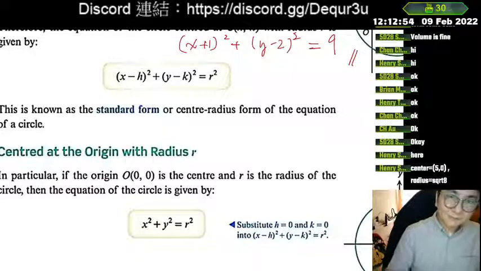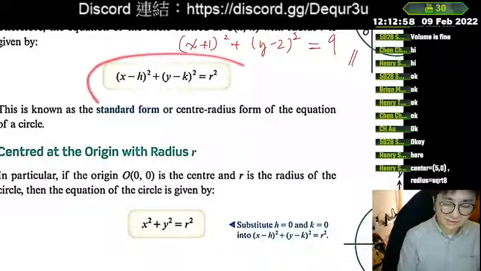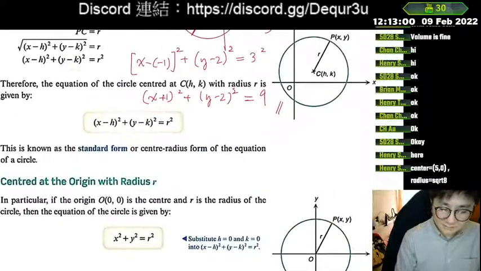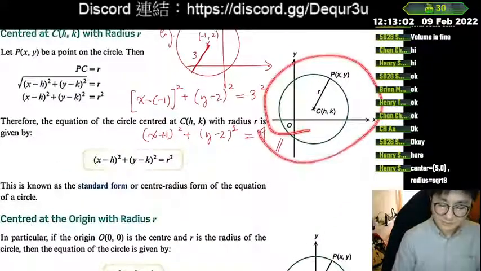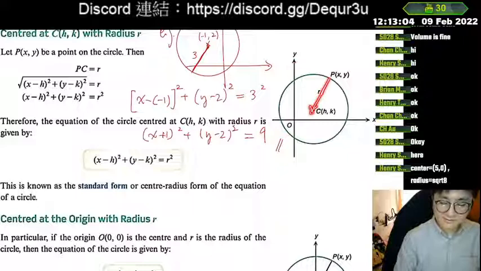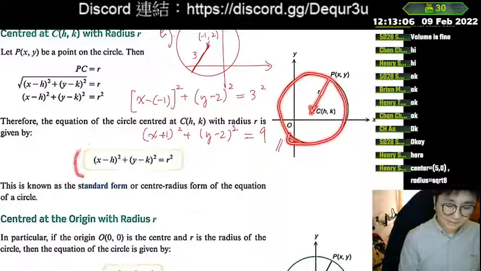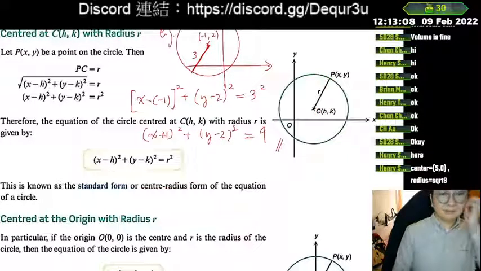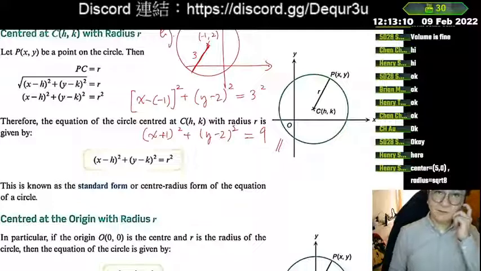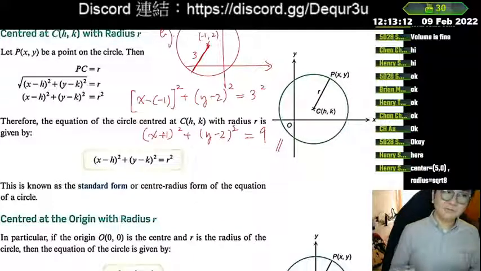But always remember, our original idea is to use the distance formula, and the distance formula comes from the meaning of a circle. A fixed point, fixed distance, then it is a circle. Then we can write down the relation. Since the general form will be more useful for solving and finding unknowns, most of the time we will be working on general form.